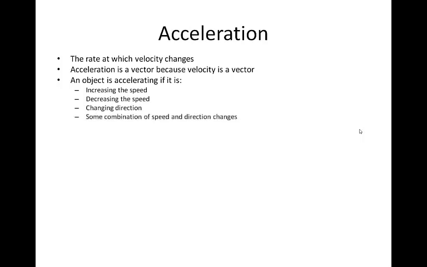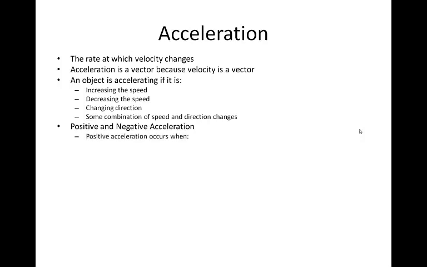And it could also be some combination of speed and direction changes. You can have both positive and negative acceleration. Now you can't say negative acceleration is the same as deceleration, because only some cases apply where it's decelerating.